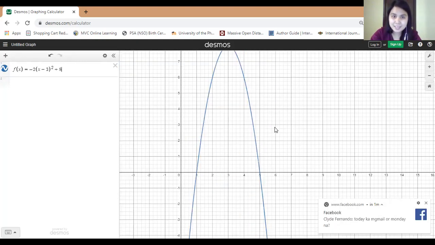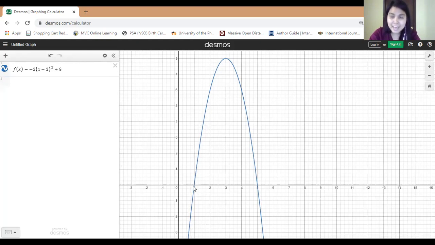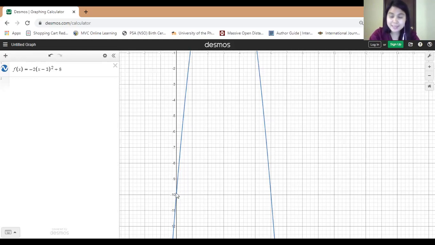Here, you'll see our vertex is at 3, 8. Next, our x-intercepts are 1 and 5. And our y-intercept, if you check here, is at 0, negative 10. As easy as that.